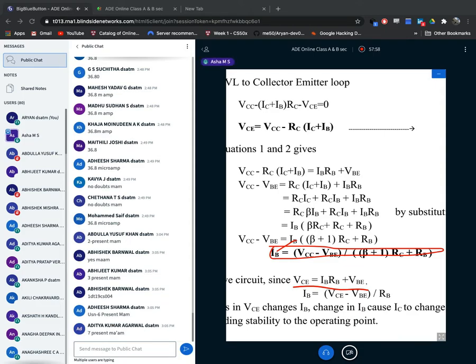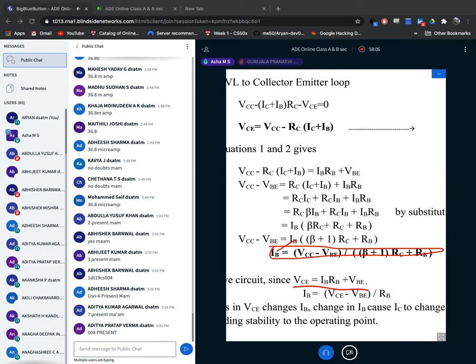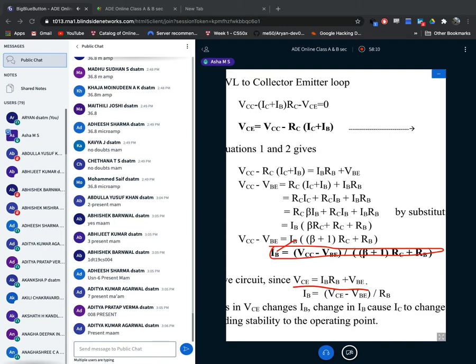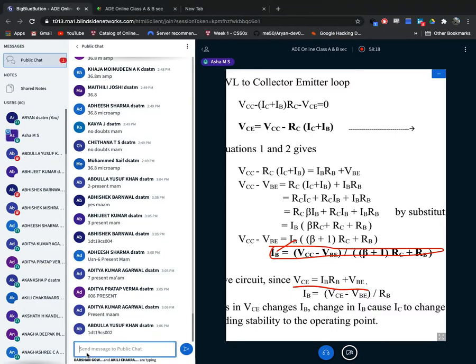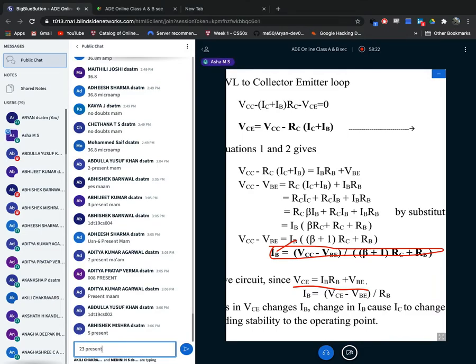Sai Tarun, 7. Aditya Kumar Agarwal. Okay, Sai Tarun is not there. Navtej, 8. Yeah, Navtej is present. Aditya Pratap, Sudarshan, Pavan Kumar B. Oh, now I am getting a response. When I called you, people were not there. Nishant, Achyut, 3 is present. 4 is present. 6 is present.